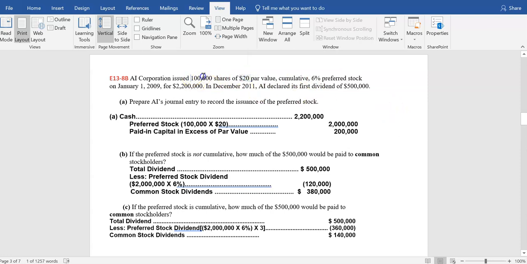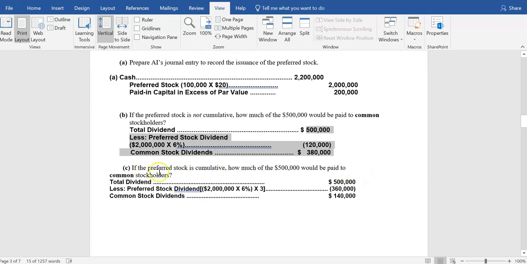So we have 100,000 shares of $20 par value stock issued, a total par value of $2 million. Multiply that by the stated dividend rate, and the amount of the dividend that will go to the preferred shareholders is $120,000. That means that of the $500,000 in dividends being paid by the company, $120,000 goes to preferred. The remainder, $380,000, will be distributed and paid to the common stockholders.